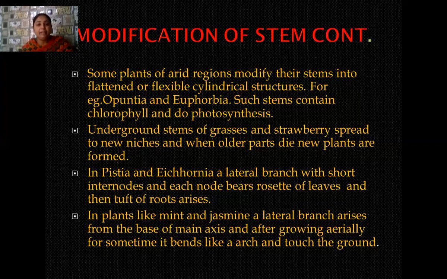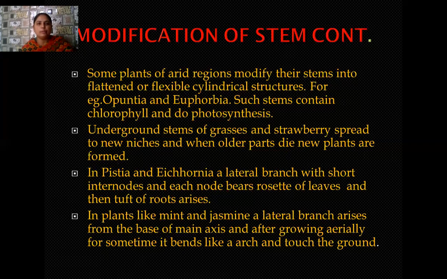And in the case of mint and jasmine, as we know, a process of vegetative propagation known as layering is found in these two plants. In this process, a large branch arises from the base of the main axis, and after growing aerially for some time, it bends like an arc and then touches the ground.